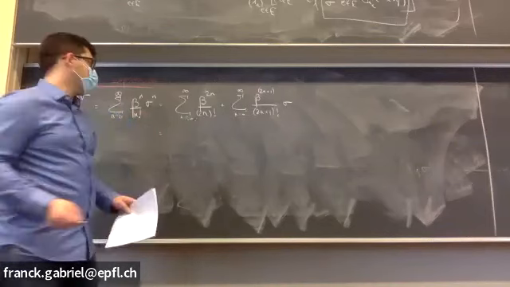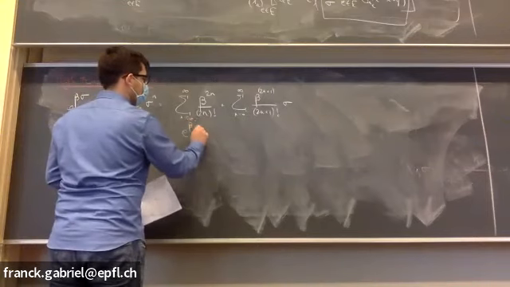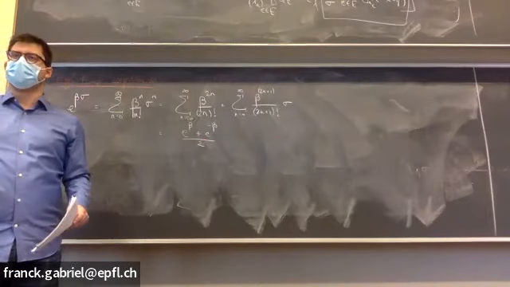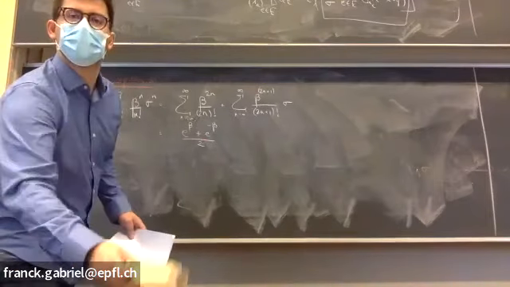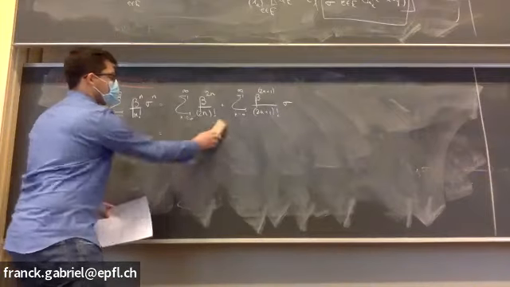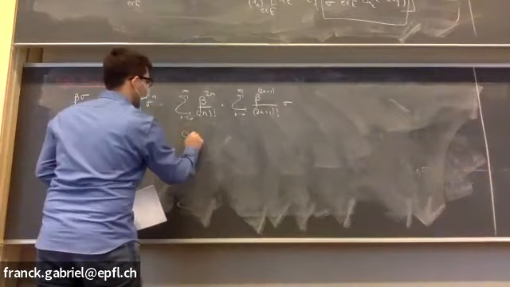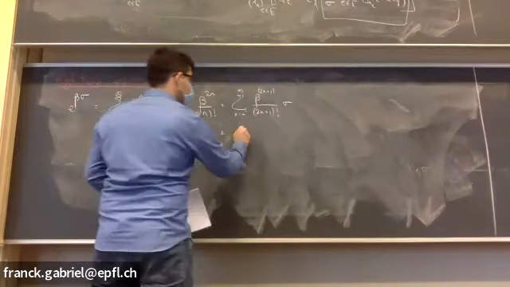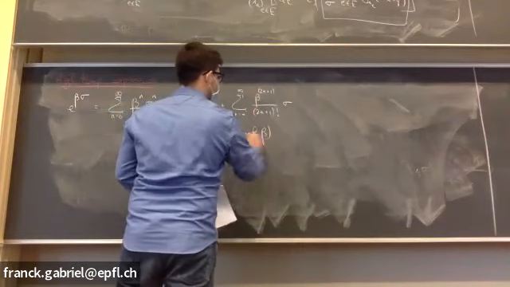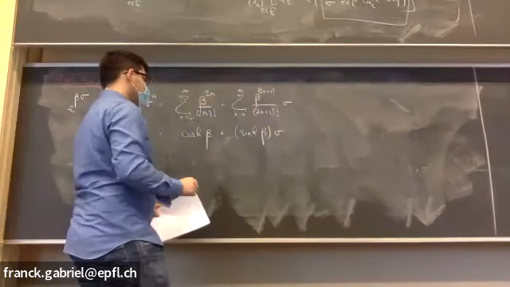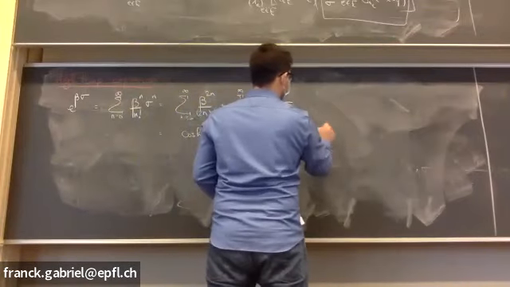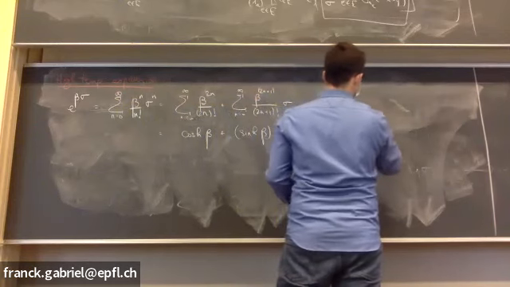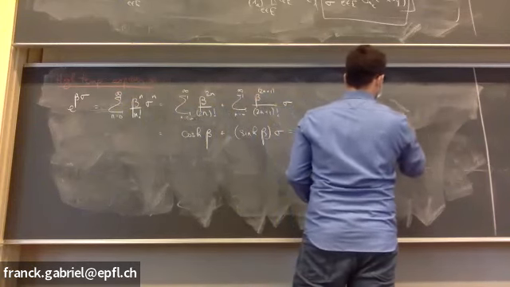So how do I keep the even part of the exponential? This gives me the even part of the exponential, and this is cosh beta. Plus, I take the odd part of the exponential, so it's sinh beta sigma. That I'm going to write in fact as cosh beta times (1 plus tanh beta sigma).